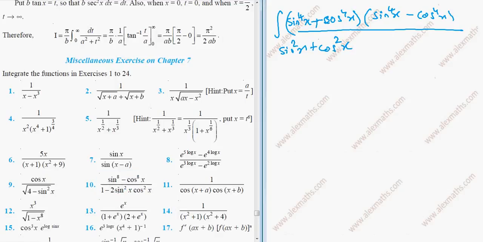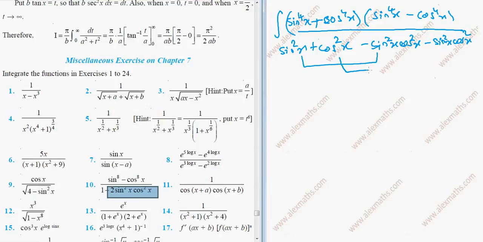Then next term we have 2 times of this, isn't it? I will write it separately as minus sin square x cos square x, again minus sin square x cos square x. The purpose is to combine these two and these two. Numerator, I will keep the first term as it is.